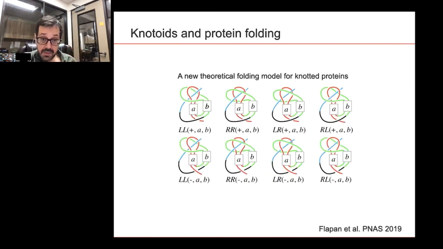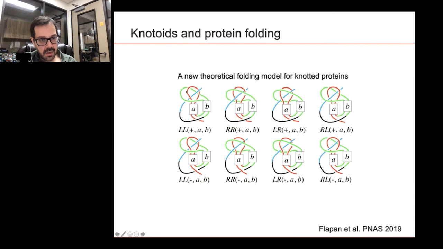What Flapan suggests is that the theoretical model has all the cases that you come up with, and these are they. It's a bit complicated, but the idea is that L and R is which part of the green loop and the red loop comes first over the blue one. So the left and the left, you see here it's LL, and you read it from inside out.